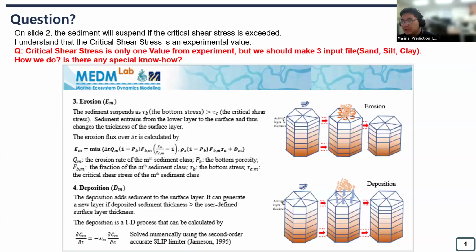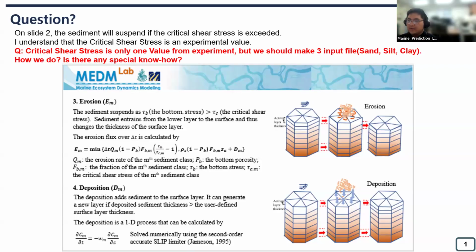My question is in lecture 7 on slide 2. The professor explained that when sediment is suspended, if the critical shear stress tau c is exceeded, then erosion occurs.